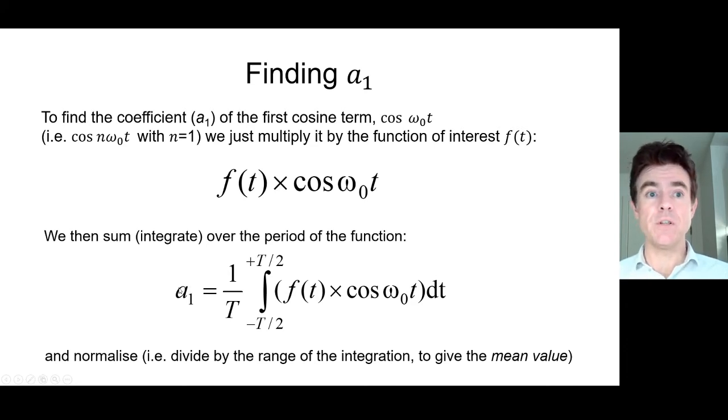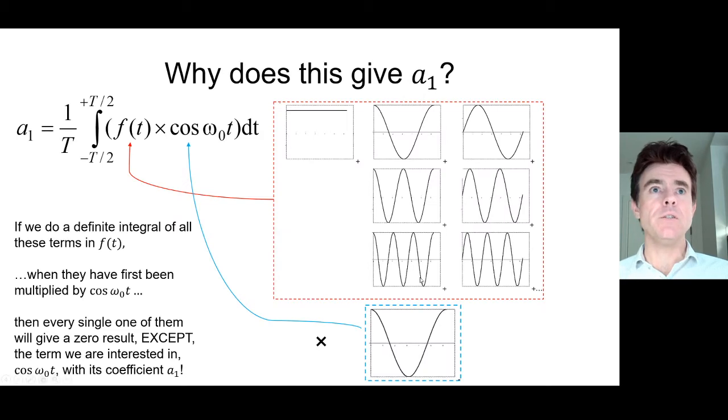Okay, let's see why that works by taking another look graphically at what is going on there. So again, here's the expression you just saw on the previous slide, and remember that we are saying that f of t, this real periodic function, is composed of a constant offset term and a whole set of cosine terms and a whole set of sine terms.